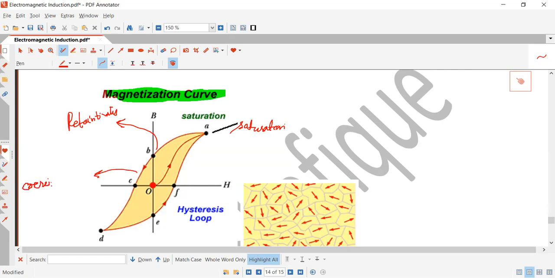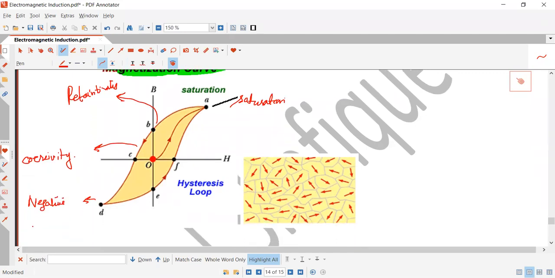If you don't remember it, then you need to revise that lecture. What was this, students? This was negative saturation. And this was called negative retentivity. And this was coercivity in the opposite direction.